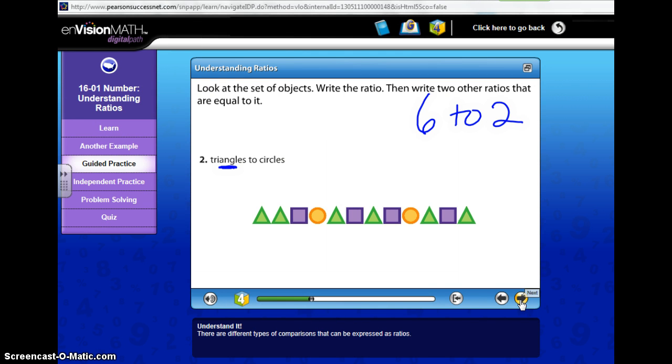So that's what we're counting first. Now, could this ratio be simplified, Will? What could you divide both the top and the bottom by? And what would you get? 3 to 1. That's right. Good job, Will. Way to redeem yourself, buddy.